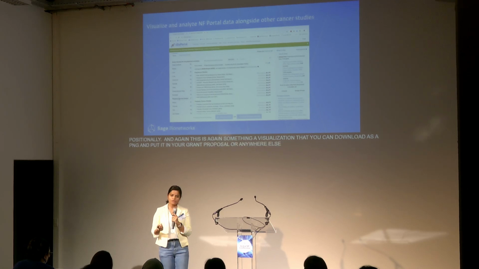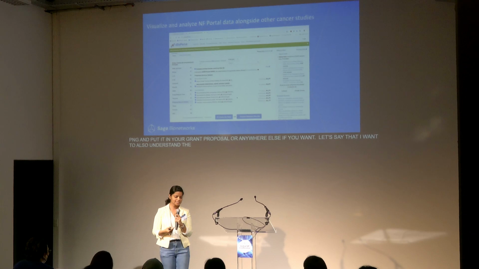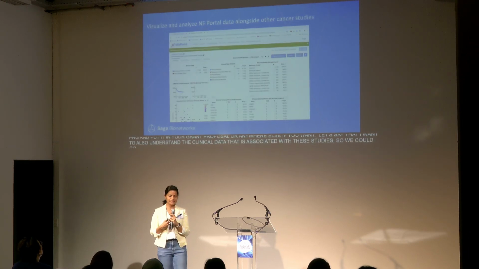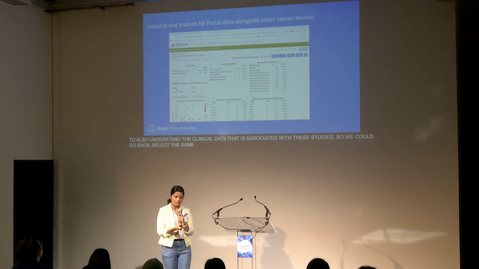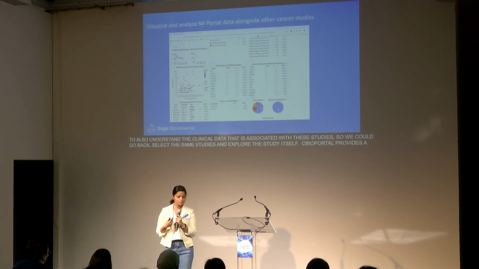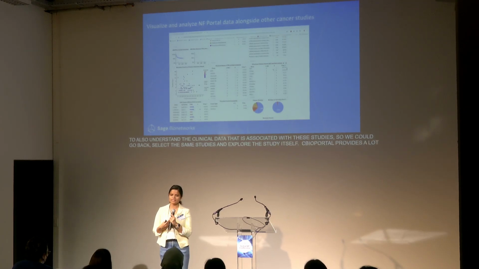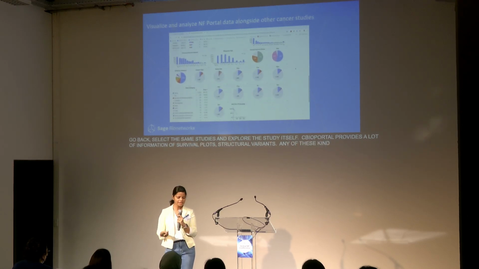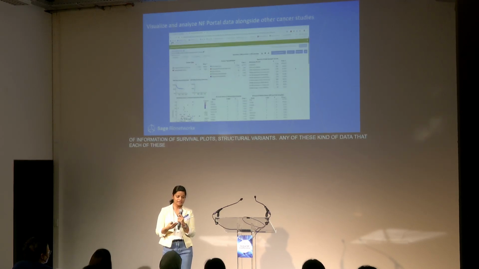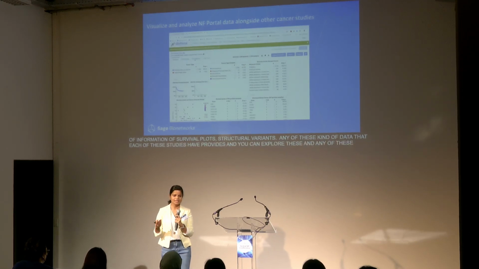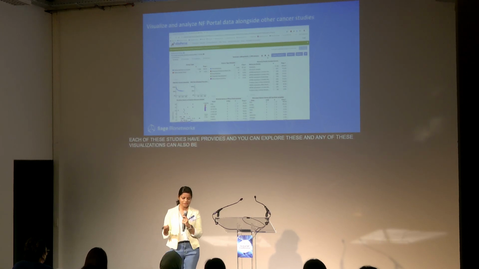Let's say that I also want to understand the clinical data that is associated with these studies. So we could go back, select the same studies and explore the study itself. cBioPortal provides a lot of information like survival plots, structural variants, any of this kind of data that each of these studies have provided, and you can explore these, and any of these visualizations can also be downloaded as plots and PNG files.